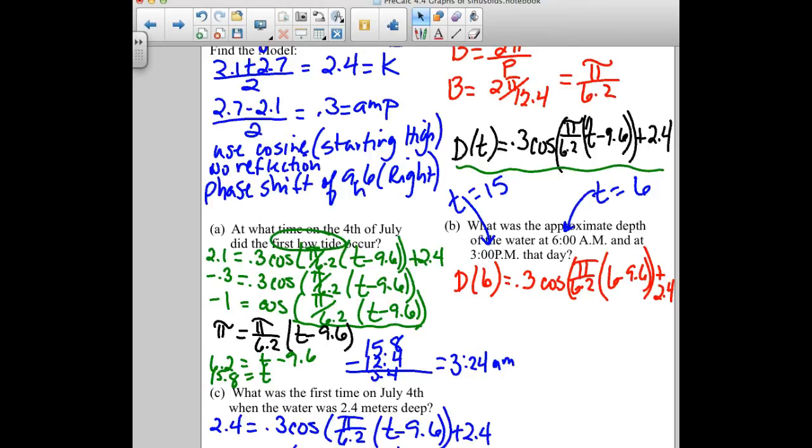Why do you need to be in radian mode? Because they're giving you pi over something, right? They're giving you radian measure. So make sure your calculator is in radian mode, and you should be able to type it in just like we have it here, all in one big long string, and hit enter.